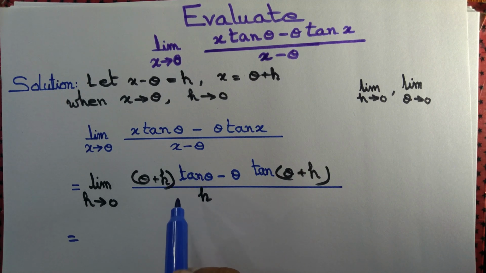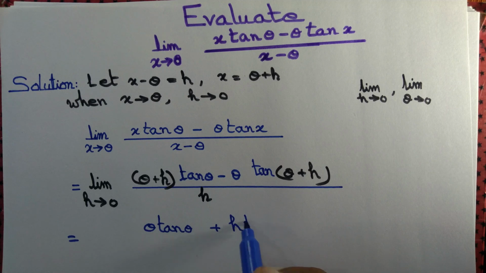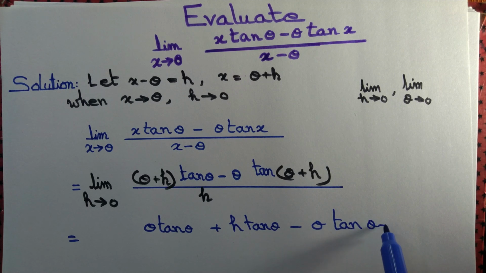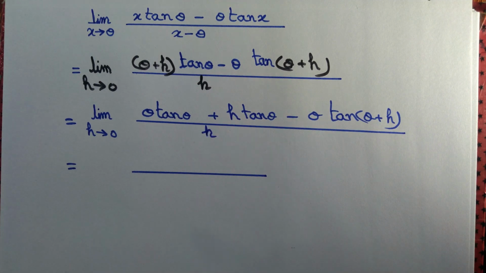However, we can write theta plus h tan theta as theta times tan theta plus h times tan theta, minus theta tan theta plus h, we copy as it is.